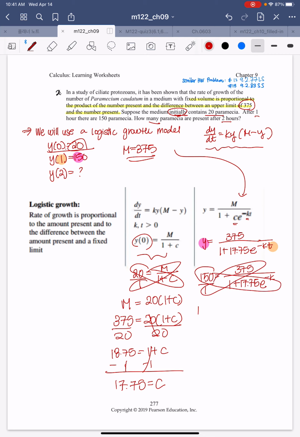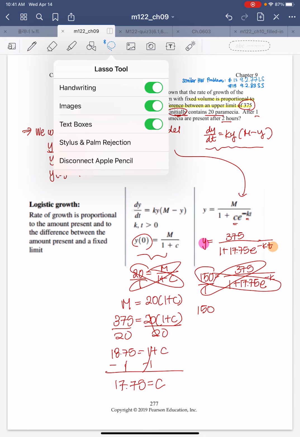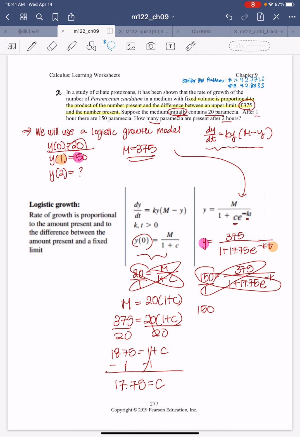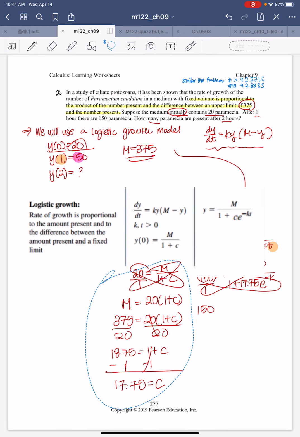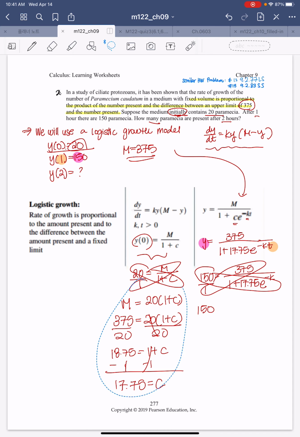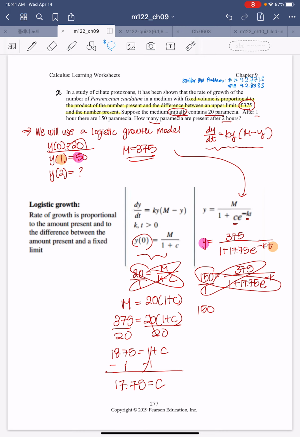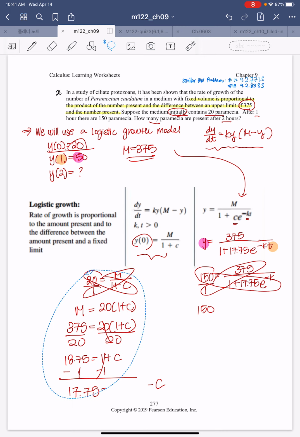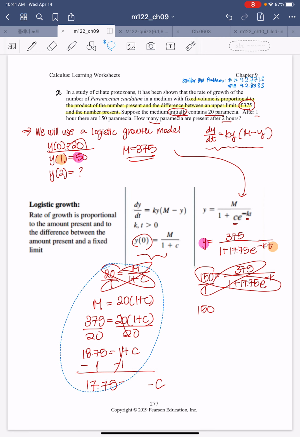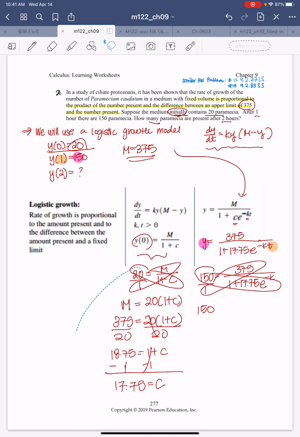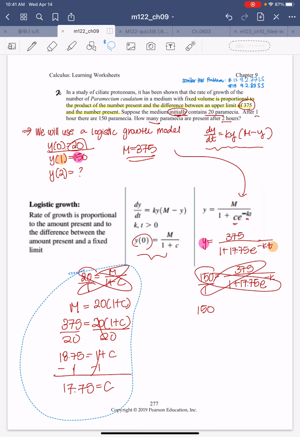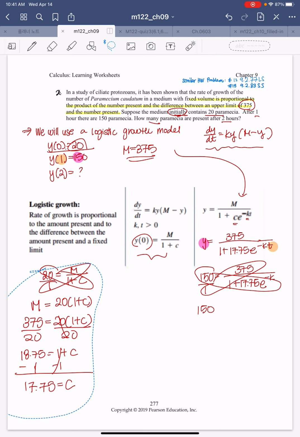So I have 150. Let me move it over to the side.